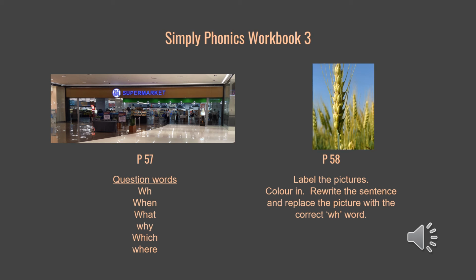On page 58, which is the next page, you need to label the pictures by filling in the W sound, which is the W and the H together. There isn't much coloring in, but you can color in the pictures. And then you need to rewrite the sentence, but you must replace the picture with the correct word.